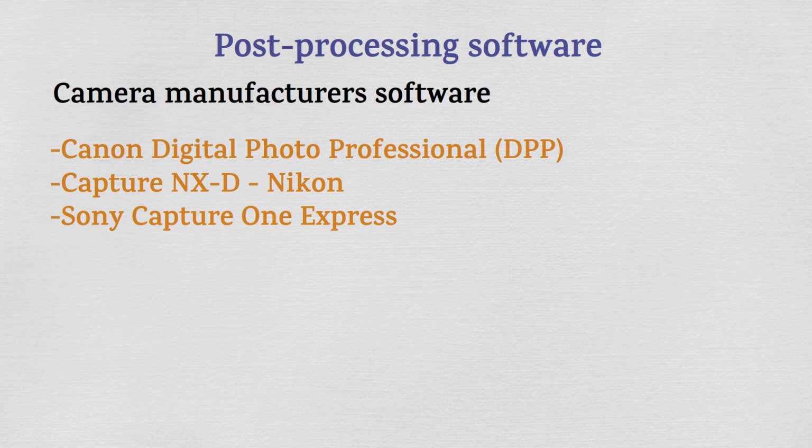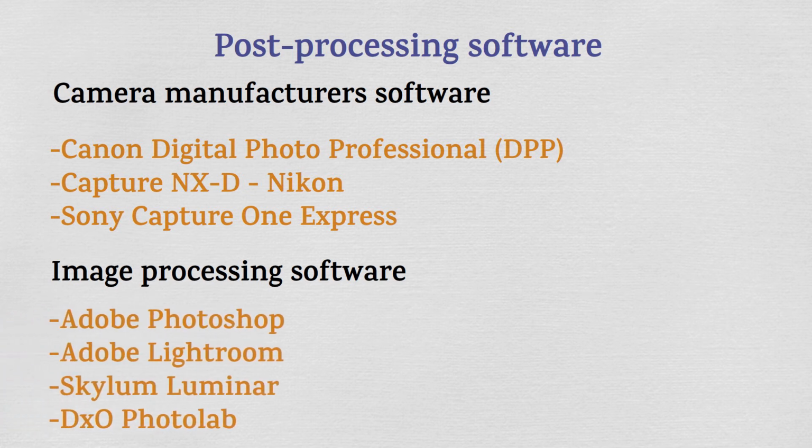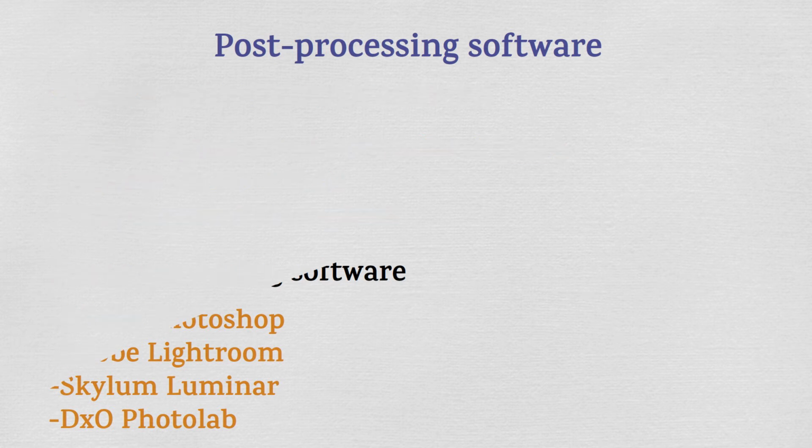So these are softwares which come free with your camera. There are various image processing softwares which have far superior capabilities than your camera maker softwares, like Adobe Photoshop, Adobe Lightroom, Skylum Luminar. These are softwares which have various capabilities of enhancing, correcting as well as altering your pictures.